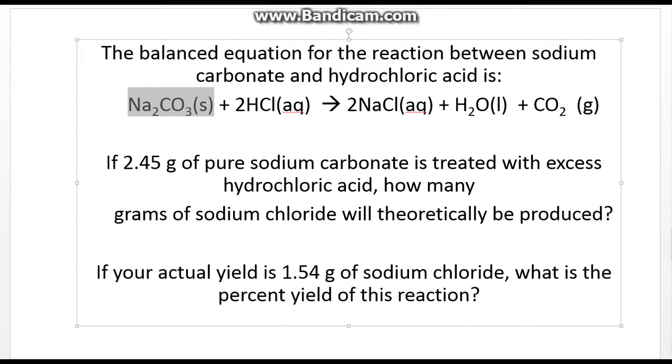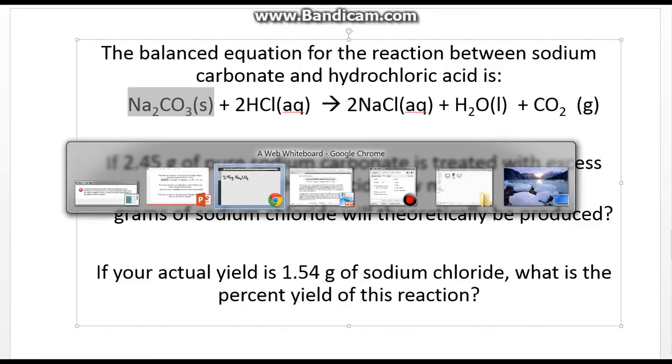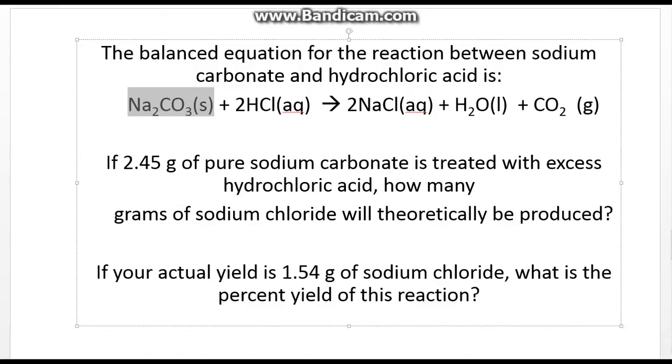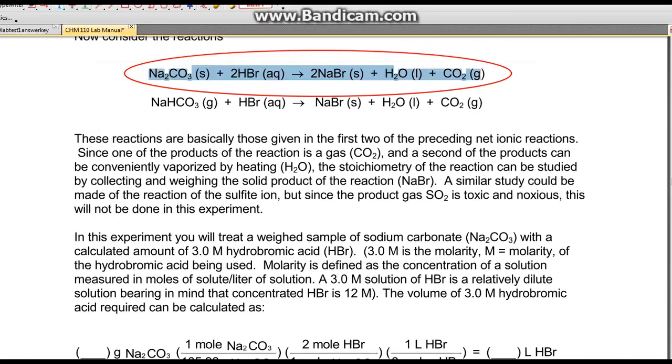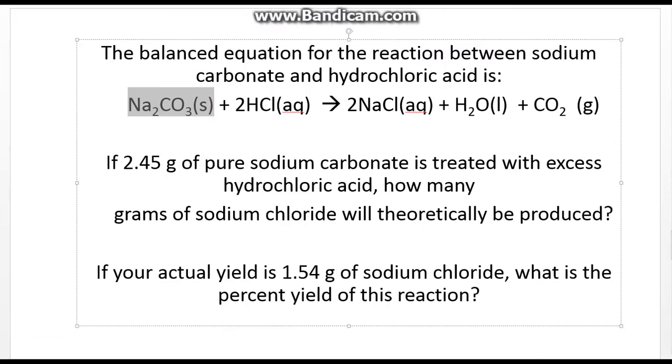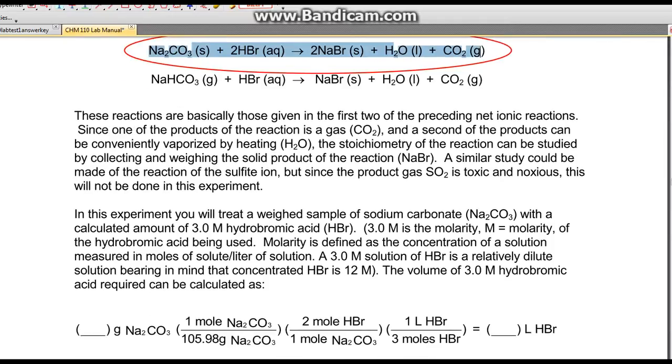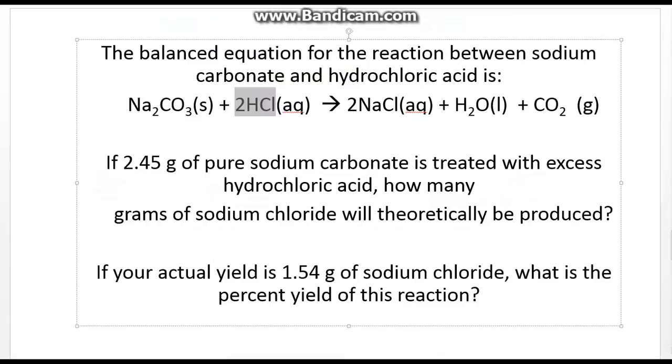If we look at this equation, it is not a perfect ratio. It's basically telling us that we need 2 acid molecules for each 1 sodium carbonate molecule to use up.